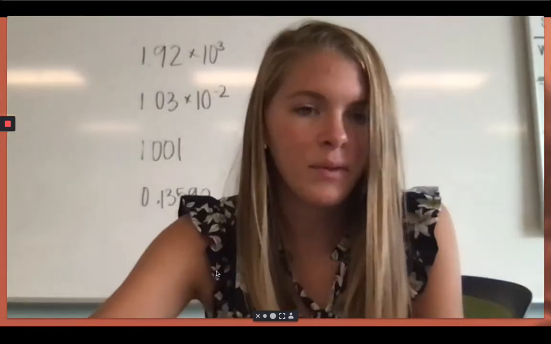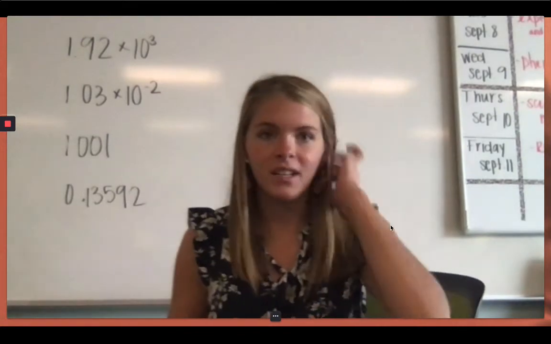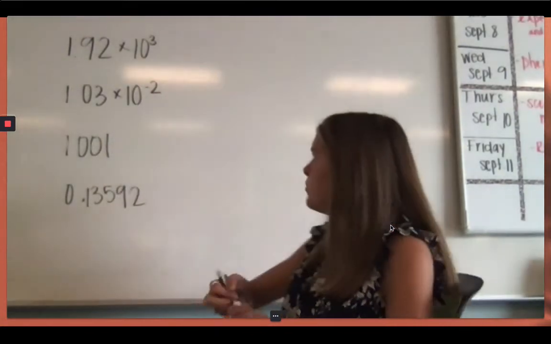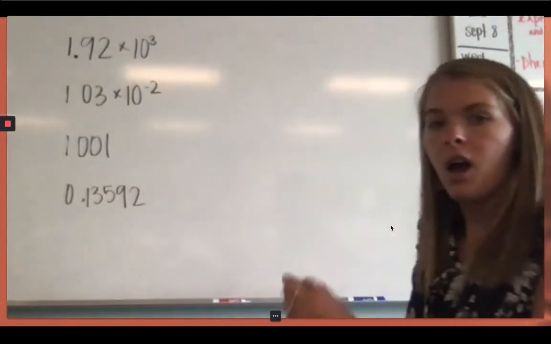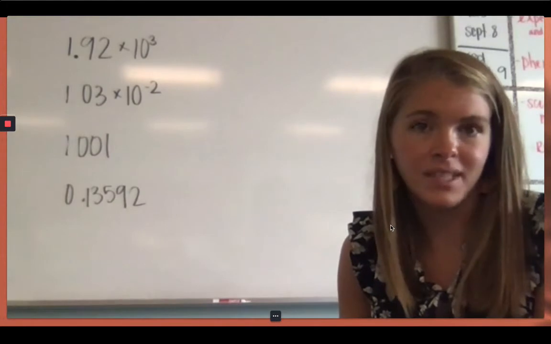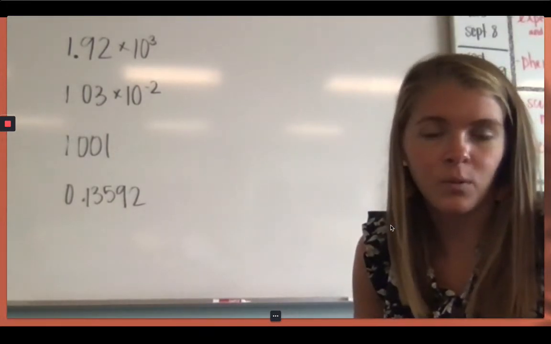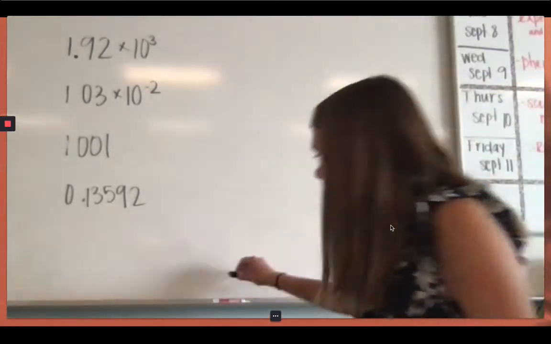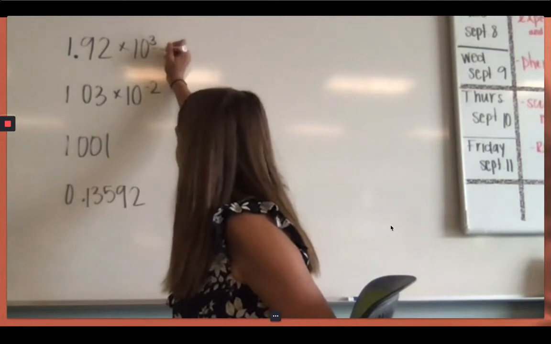Alrighty, I have some problems behind me that are going to help us practice how to convert between scientific notation and general notation. So this first number is 1.92 times 10 to the third. In the rules that I gave you at the beginning, I told you that a positive exponent means the number is large. So if we ever have a positive exponent, we're going to move our decimal to the right. So we're going to make it a bigger number because it's a positive number.